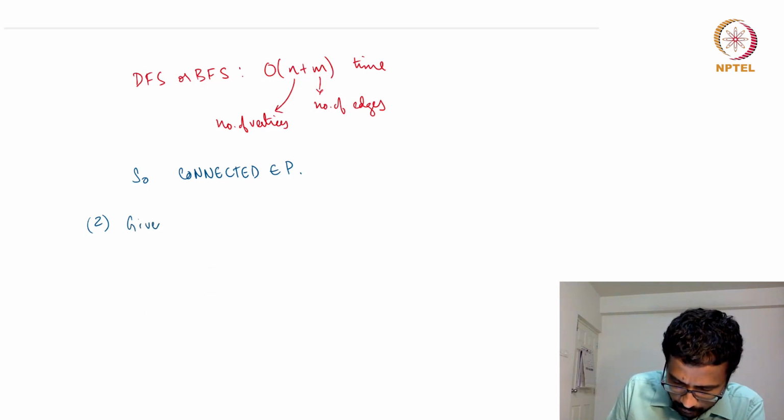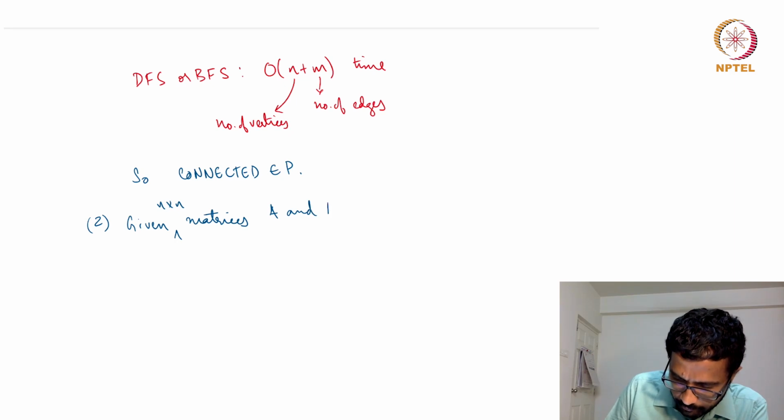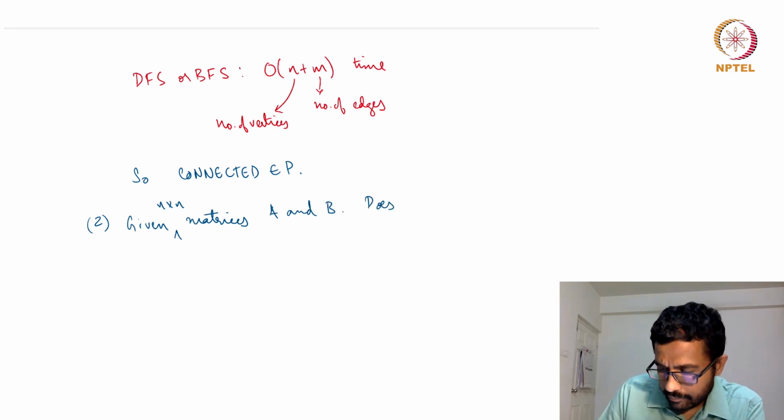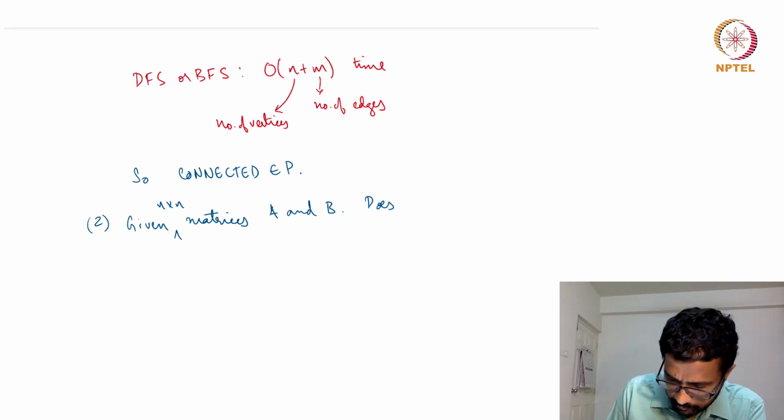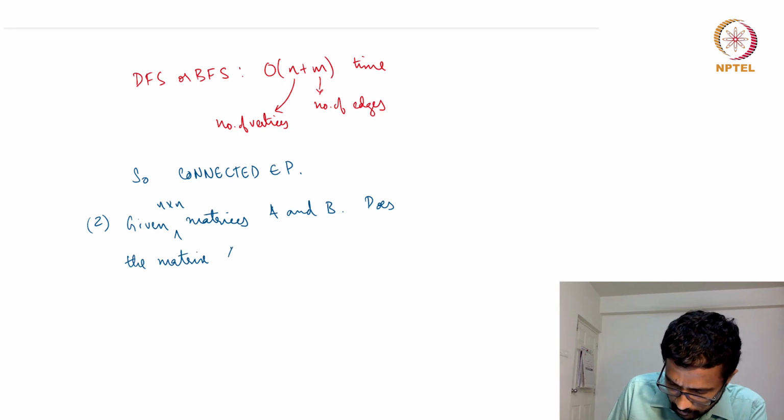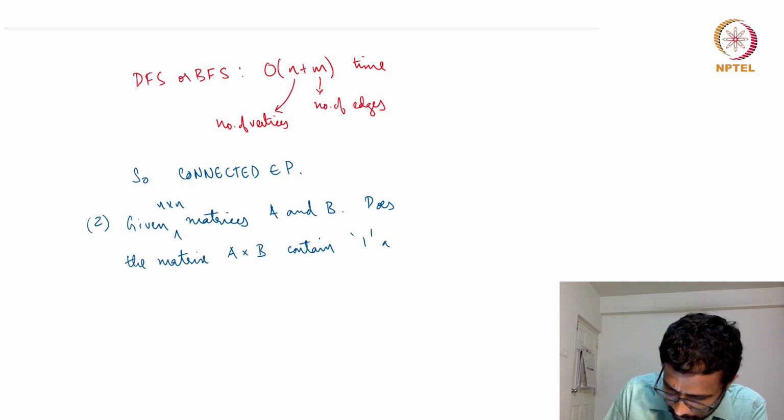Maybe another problem. Given n by n matrices A and B, does the matrix A multiplied by B contain, let's say, 1 as an entry?